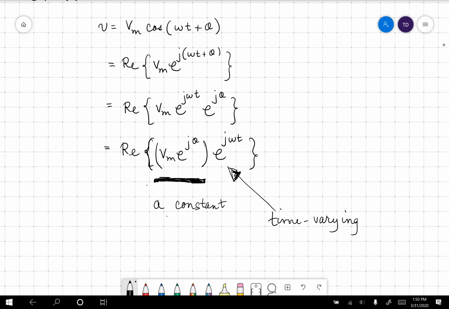And if I can somehow figure out a way to use a constant times this exponential, you tell me what was easier in your circuits, in your differential equations, to have a cosine as the forcing term or to have an exponential as the forcing term? What was easier?